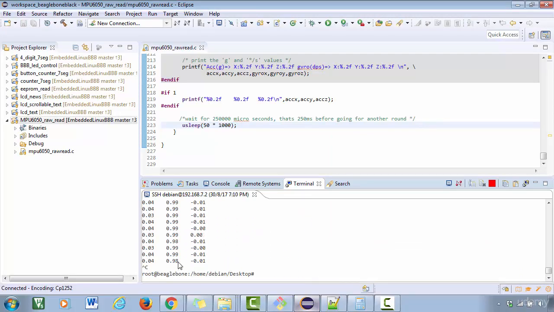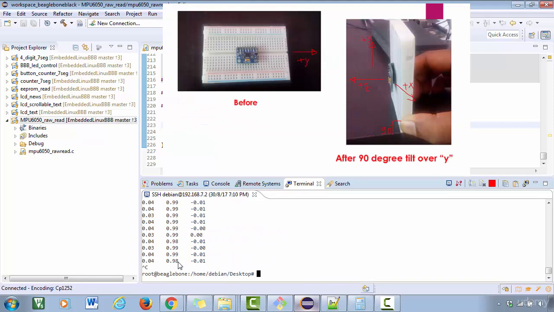The x-axis is already parallel to the ground, but the z-axis, which was perpendicular to the surface when the sensor was at rest, now went parallel to the surface, right? That's why you are seeing zero values in the z-axis. But now the y-axis has become perpendicular to the surface. That's why you are seeing 1g of acceleration on the y-axis.